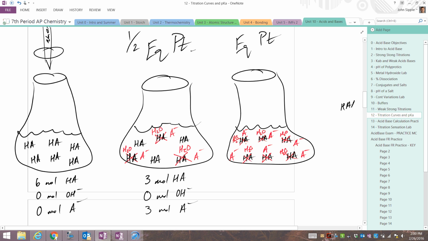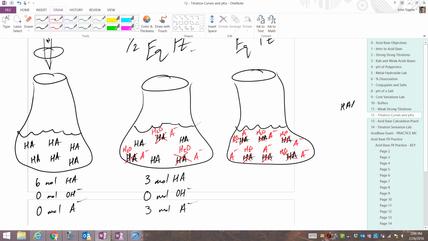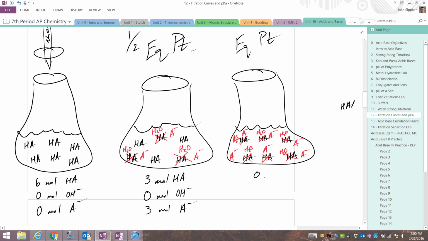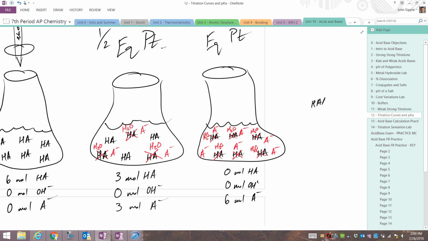I made it to the equivalence point. There's no HA left. There is no hydroxide left in solution, but we now have 6 A minuses in solution at the equivalence point. So we've turned it all into the conjugate at this point. All A minus. Okay? That helps us kind of visualize what's going on here when we do a titration.